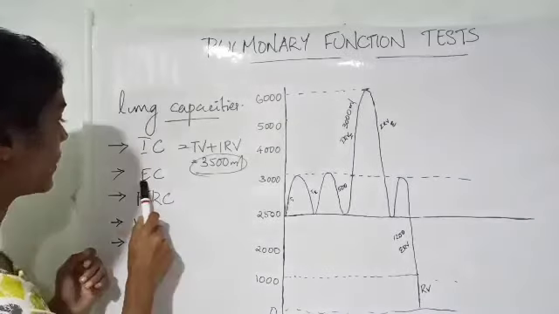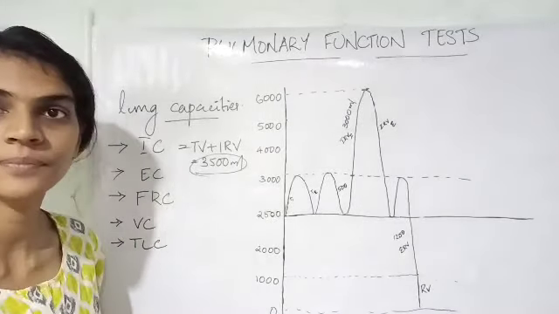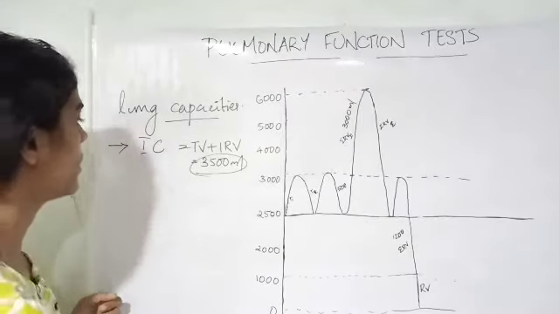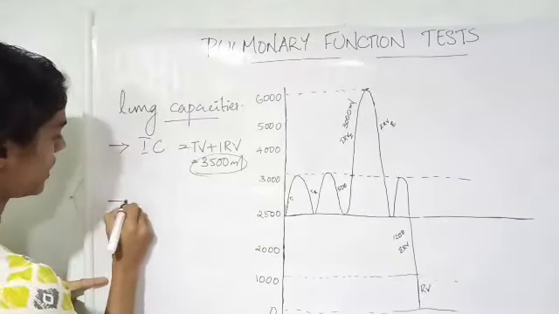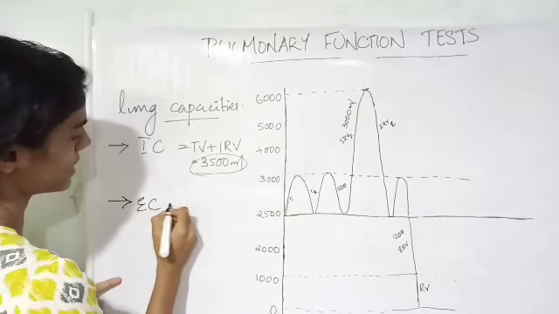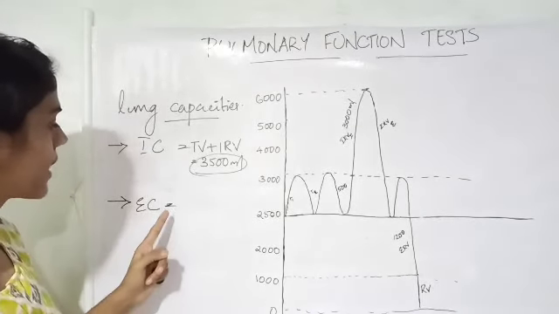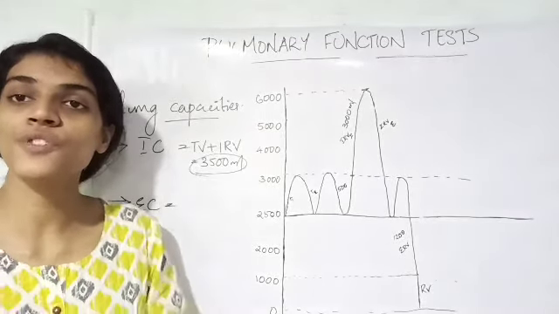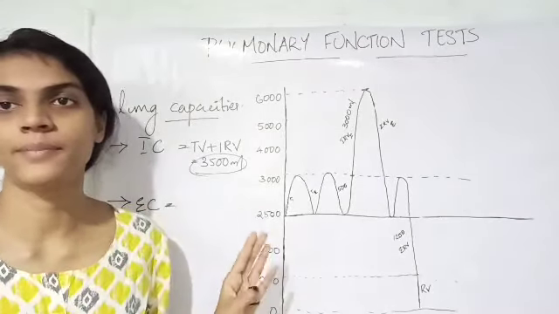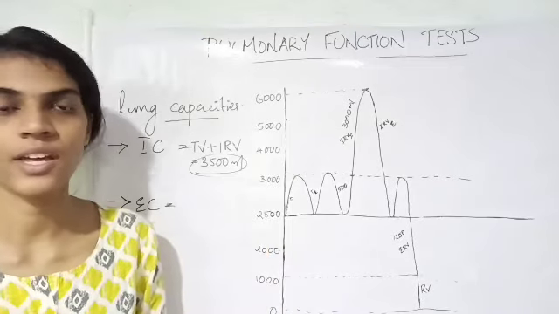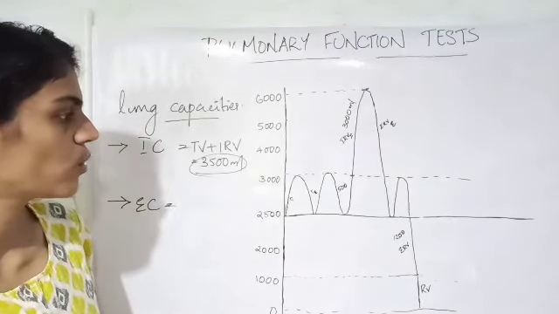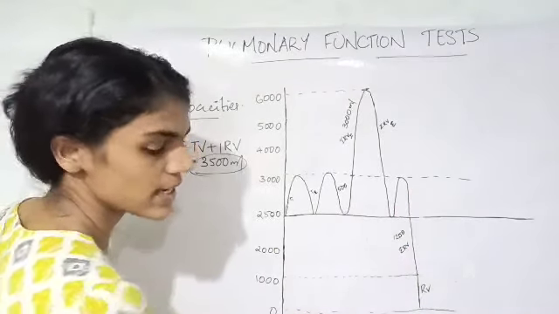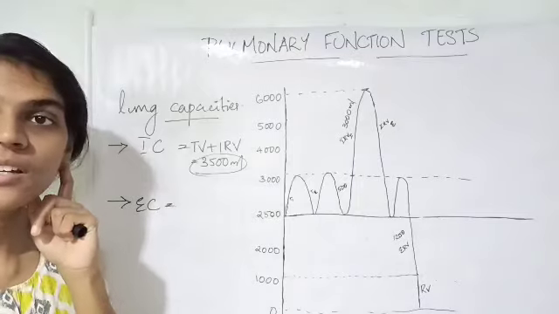Next one we'll see is the expiratory capacity. Just like the inspiratory capacity, expiratory capacity is the amount of air that can be forcefully expired from the lungs. So that will include what? Tidal volume plus the expiratory reserve volume.